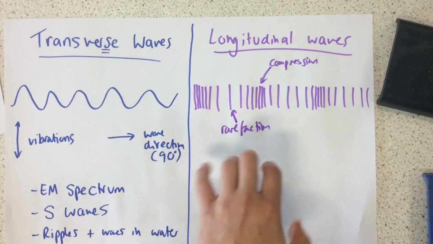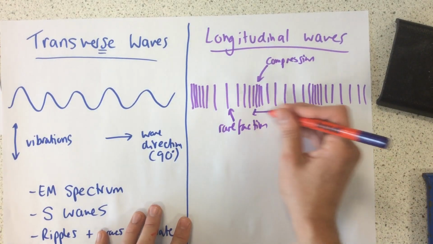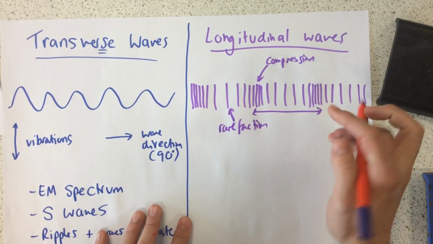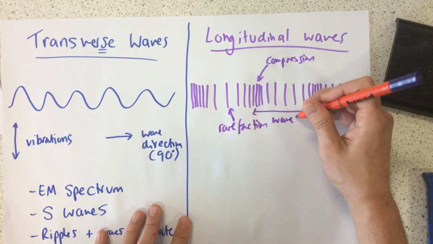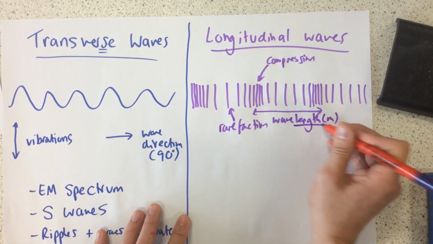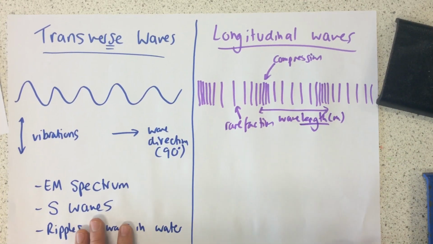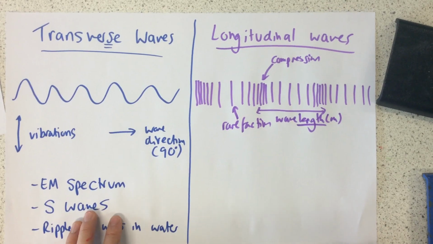Now, again, we do have a wavelength within these waves, because the wavelength is the distance between two compressions. Just as before, the wavelength is measured in meters, because it's essentially the length between the waves, but it's slightly different than in transverse waves.